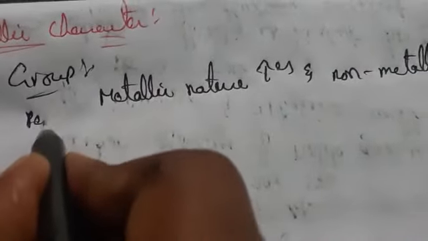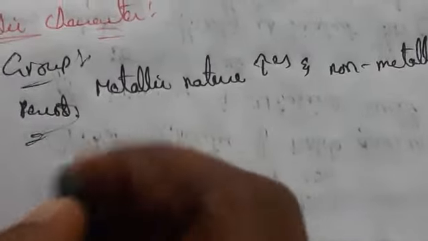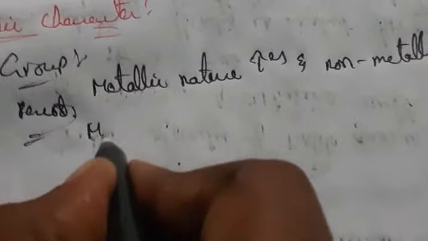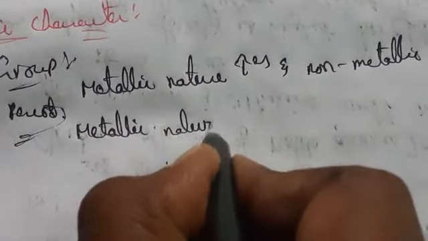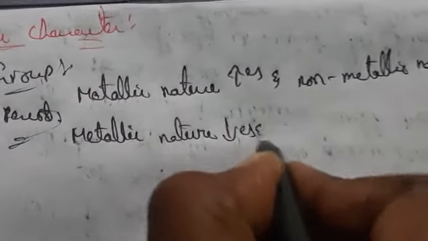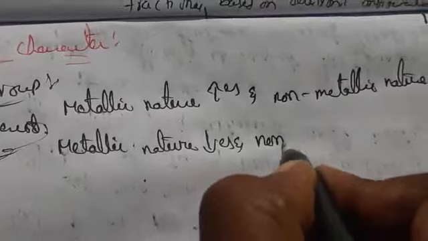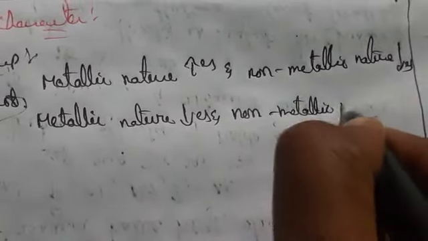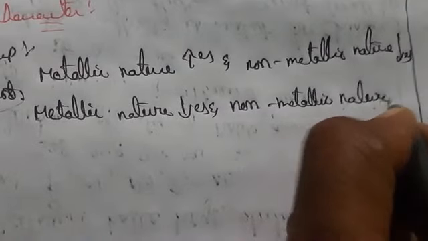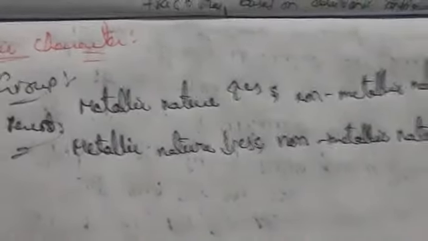Coming to period, here metallic nature decreases and non-metallic nature increases, we can say.